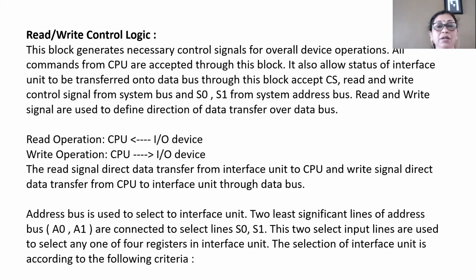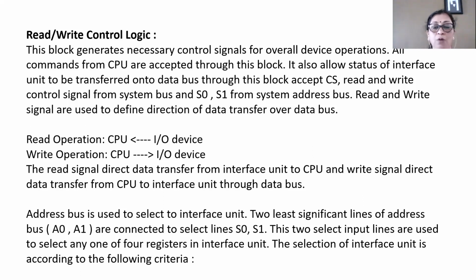Input output device to CPU is a read operation, CPU to input output device is a write operation. These two signals define the direction of the data transfer over the data bus, whether it is from IO device to CPU or from CPU to IO device.